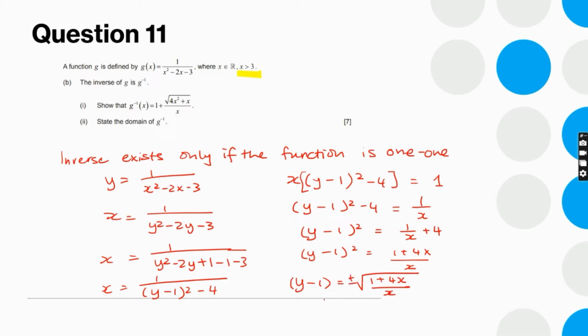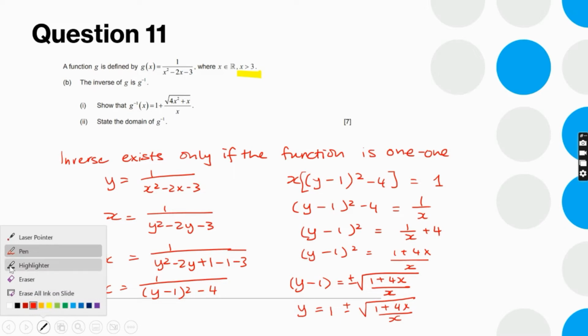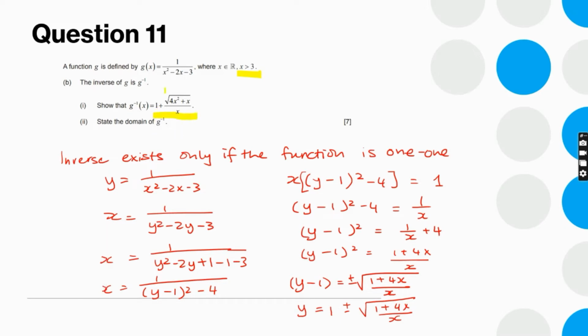Okay, so there's plus and minus here. Since you're trying to show that it's 1 plus square root 4x squared plus x over x, out of this plus and minus, we should select the plus.